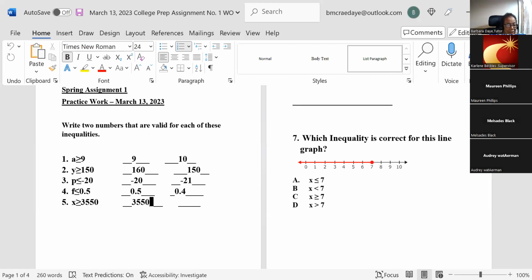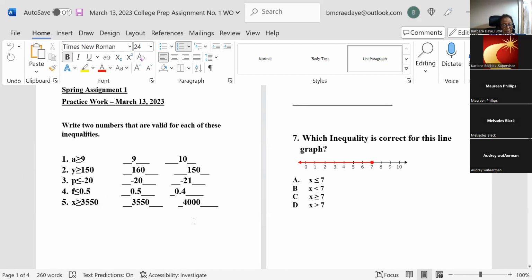Now give me something greater than that. 4,000. Yes, 4,000, good choice. So that's it: you're comparing the variable with a number, less than or equal, greater than or equal. There are all kinds of choices that will fit this.